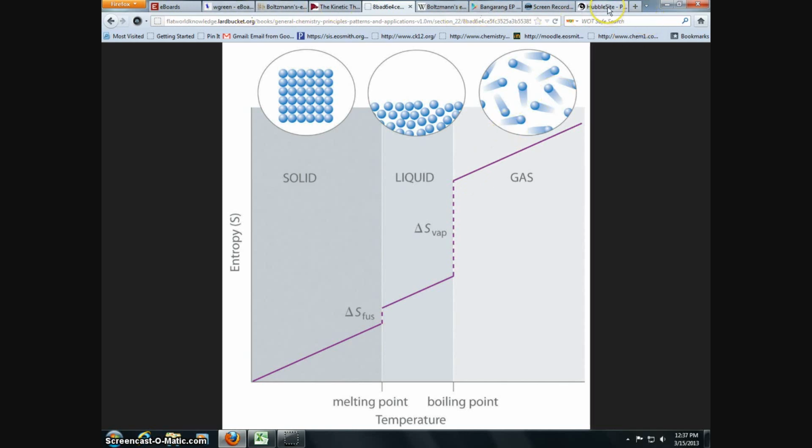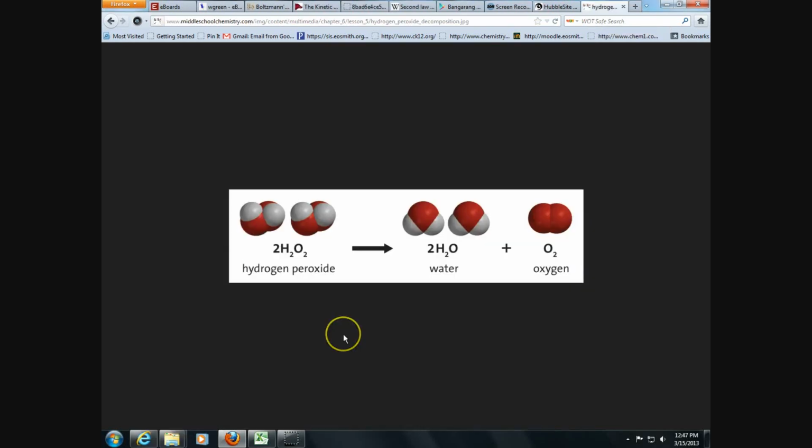For example, if I have a chemical reaction that increases the number of moles, say I'm decomposing something and it's going to produce more moles. Here's a familiar example: hydrogen peroxide decomposing into water and oxygen. You can see we have 2 molecules decomposing into 3 molecules.